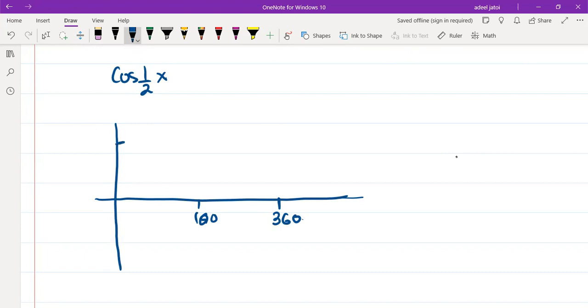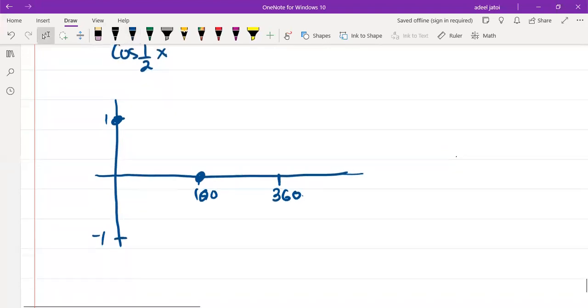At 0 we already know we had 1. But on 90 we used to have 0; now 0 will be at 180. Similarly, on 180 we used to have -1, but on 360 we will have -1. So the graph will go like this. It will end till here.